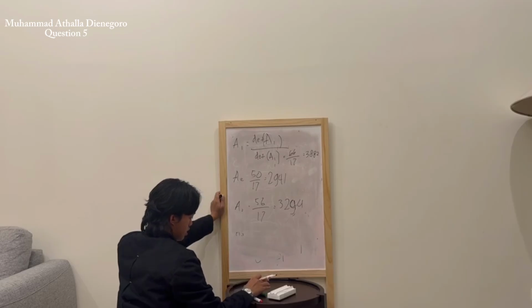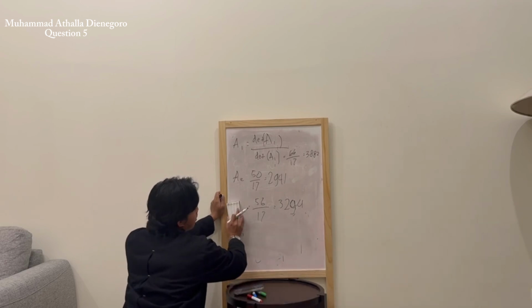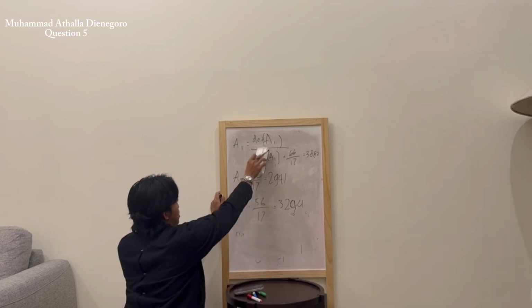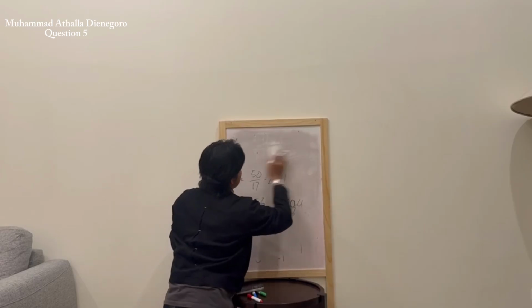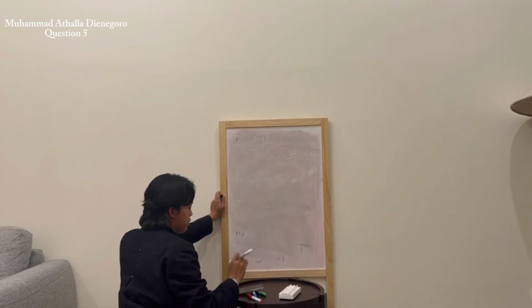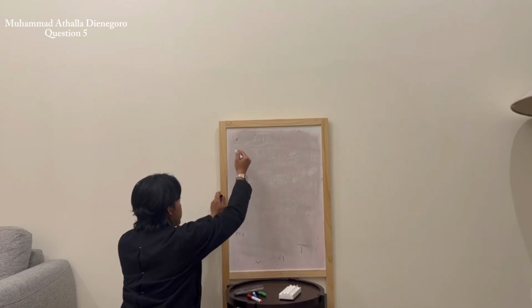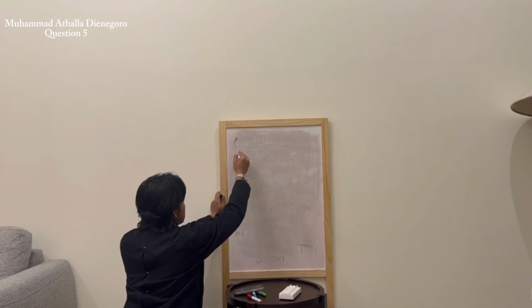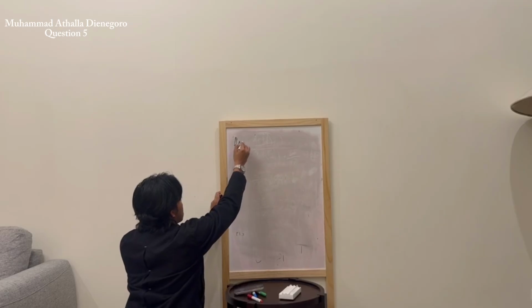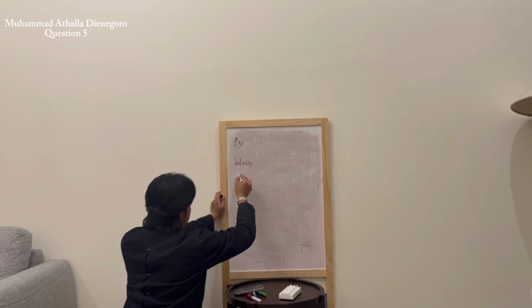So let's interpret the values in an economic context. We got this result with this formula, so we have to explain it carefully. I will make a table. The first one is agriculture, the second one is industry, and the third one is services.